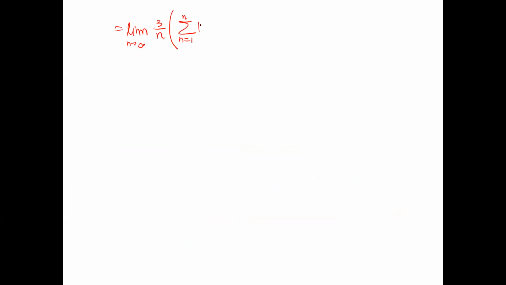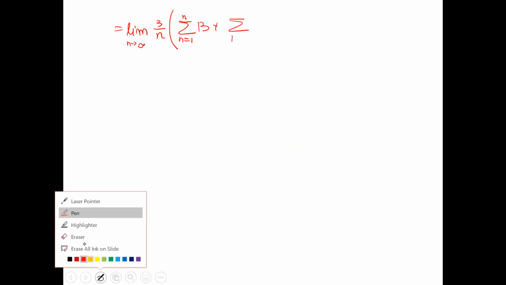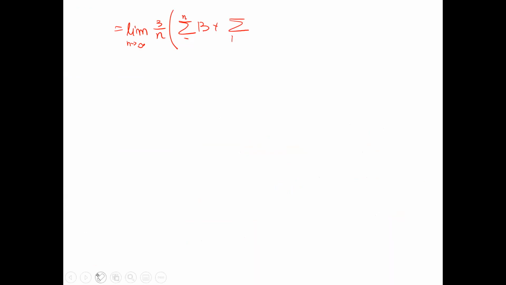13 plus sigma, that's actually i, correct? i is changing from 1 to n, and then I think we had 36 over n times i, and then we will have, i is changing, 27 over n squared times i squared.